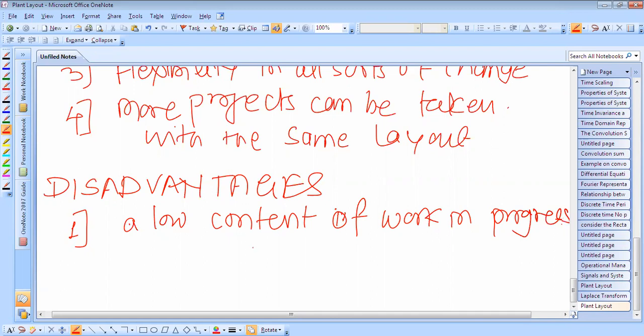Okay. Second disadvantage is that there appears to be low utilization of labor and equipment.